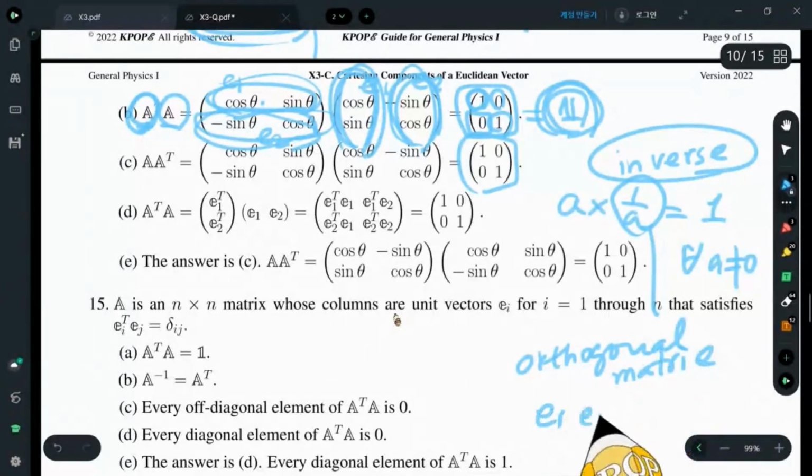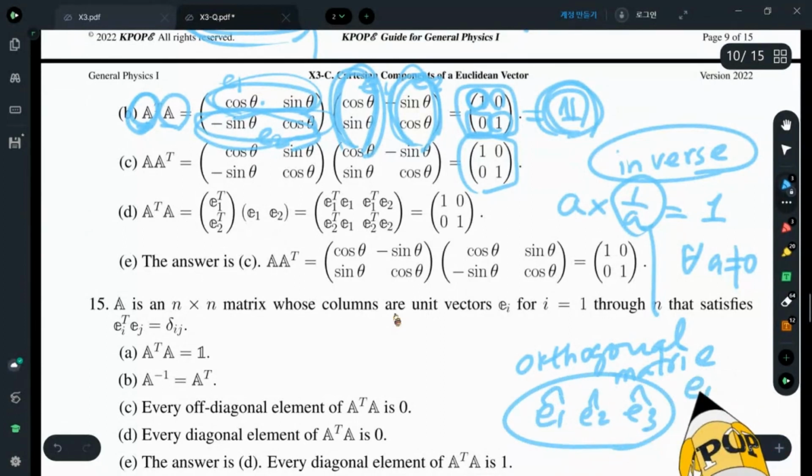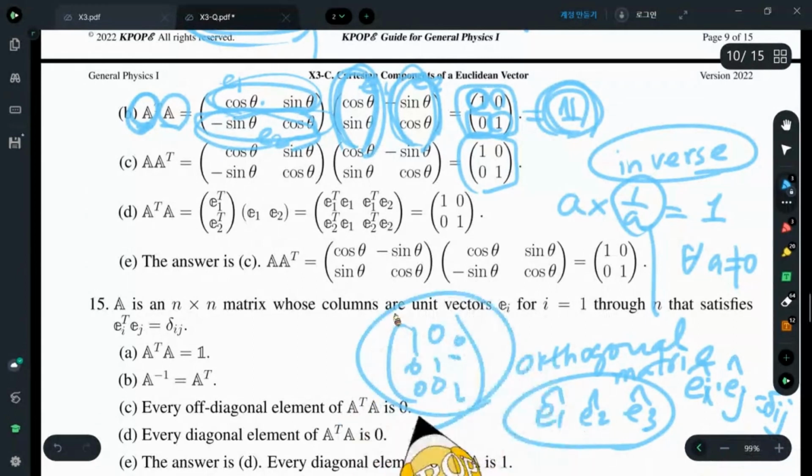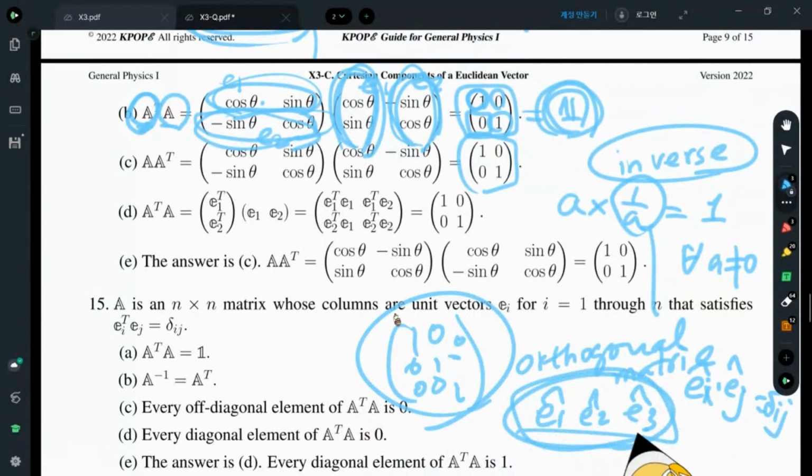We have E1, E2, E3. They are Cartesian basis vectors satisfying Ei dot Ej equals the Kronecker delta. It is 1, 1, 1, 0, 0, 0. The reason is that they are orthogonal and everything has magnitude 1.